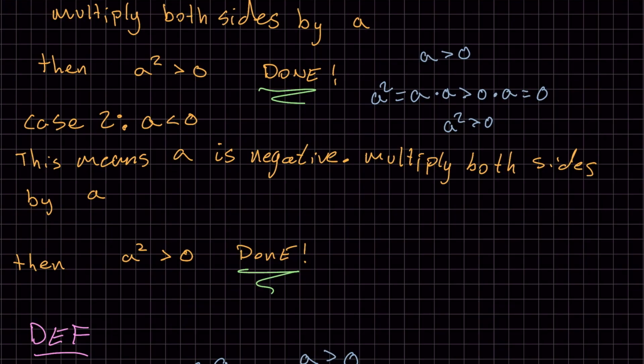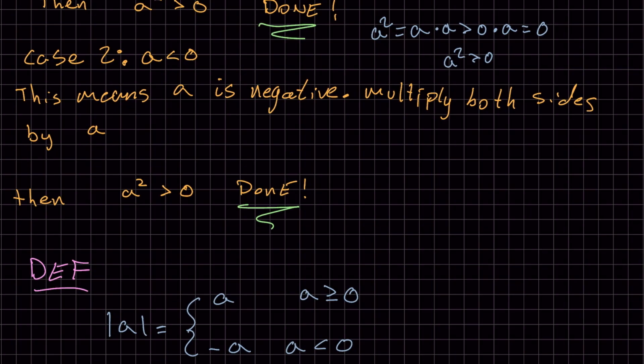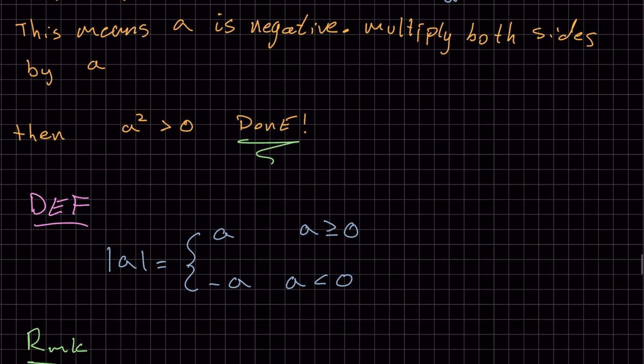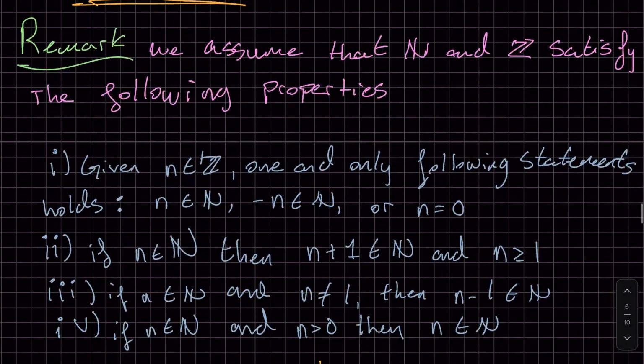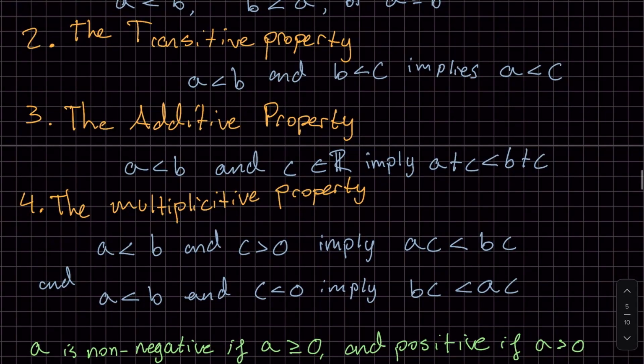Case 2, a is less than 0. This means a is negative, right? If a is less than 0, it is not a non-negative number, which means it is negative. So if we multiply both sides by a, then a squared is greater than 0, right? This comes from the multiplicative property in the order axioms, which we learned up here somewhere.